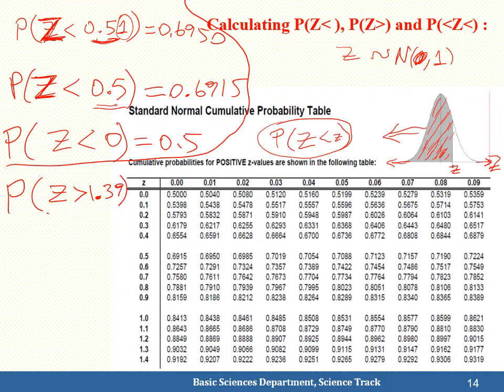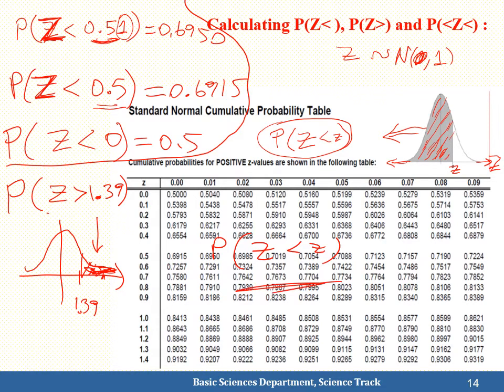This probability is asking you to find this part of the graph. But be careful here. The table shows only the left part, but this one is asking you for the right part.